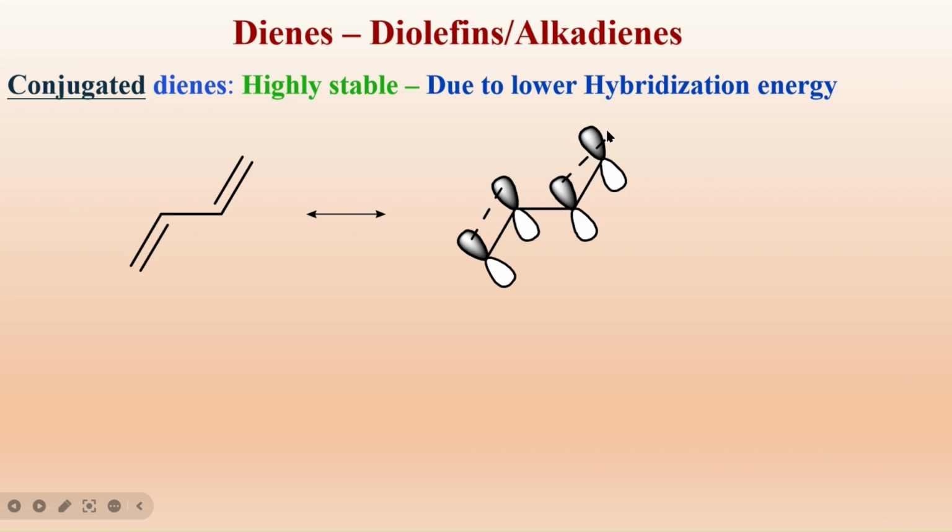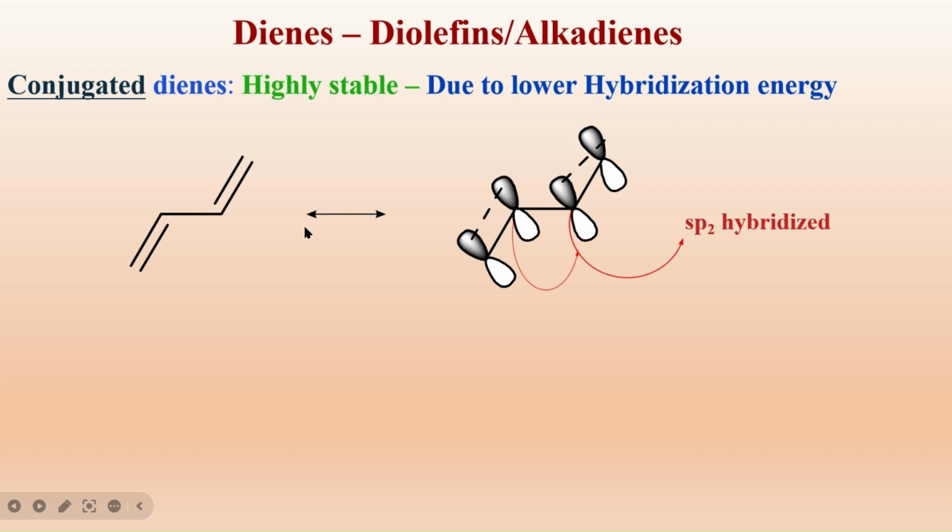This p orbital is perpendicular to the other orbital. The overlap of these electrons in the p orbital gives rise to the pi bond. And the carbon in the alkene is in the sp2 hybrid form.